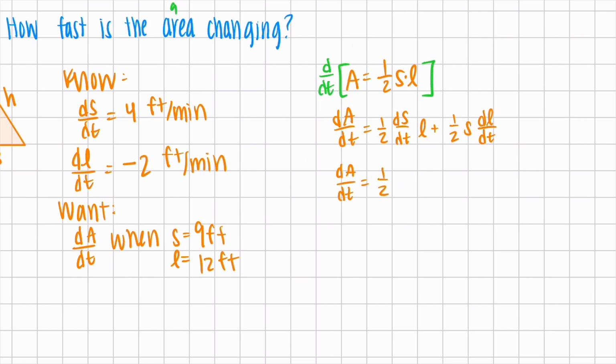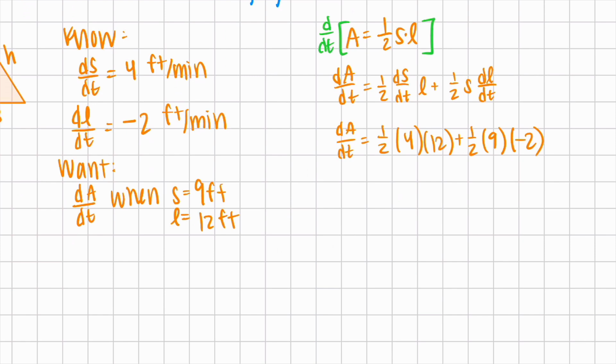I have 1/2 times ds/dt, which is 4, times L, which is 12, plus 1/2 times 9 times dL/dt, which is -2. Let's see, I get 2 times 12 is 24. My 2's cancel, so I get -9. So this is going to be 15. My units, since it's area, are feet squared per minute.